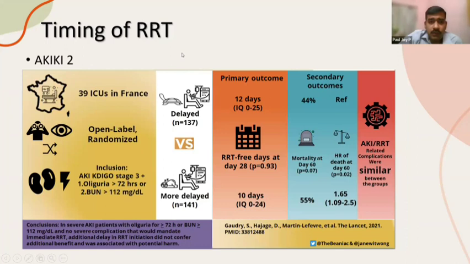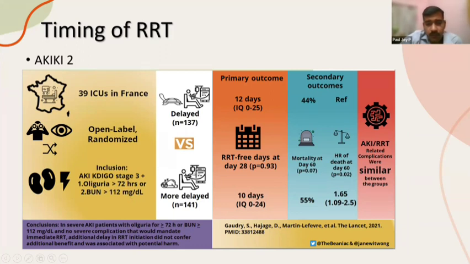And with regards to timing of RRT, the AKIKI 2 study looked at whether delaying RRT beyond the usual absolute indications, like critical stage 3 oliguria of more than 72 hours and blood urea more than 112, which is controversial, would help.